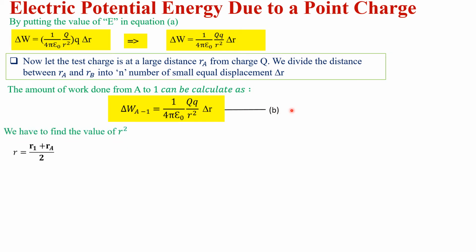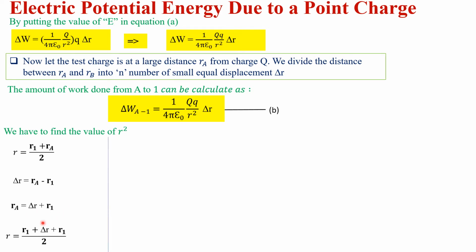For finding the value of R square, we take the average distance between R1 and RA, that is R is equal to R1 plus RA divided by 2. Delta R is the difference between paths, that is delta R is equal to RA minus R1. By shifting R1 to the other side of the equation, we get RA is equal to delta R plus R1.